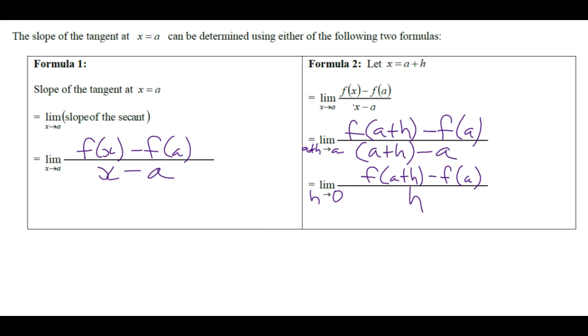Because you got a plus h minus a, which is a minus a, and h. So just over h. And we've seen that kind of limit, the limit as the denominator approaches 0, and we've done a lot of those. That was the whole basis of doing limits, to get to this point, where we can now develop the formula for the slope of a tangent.